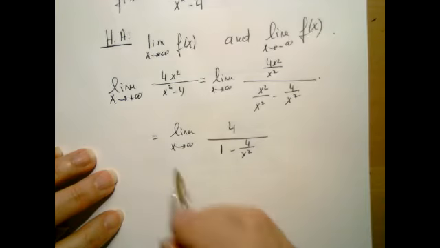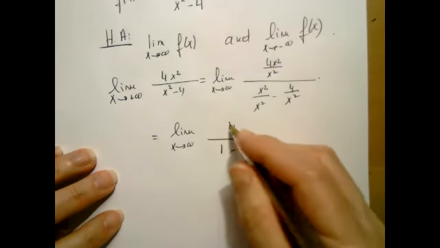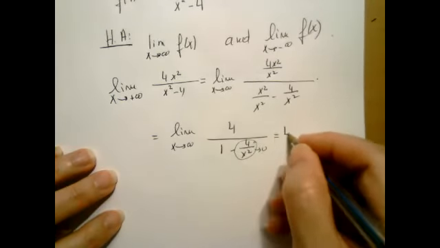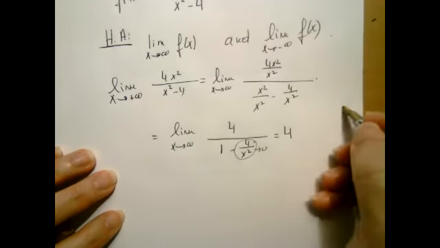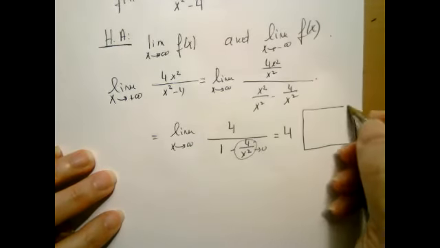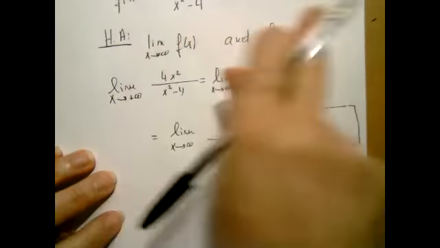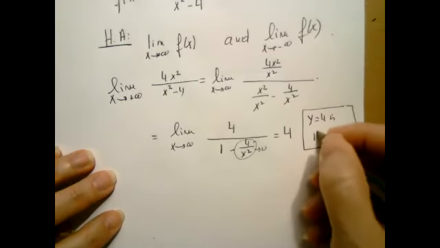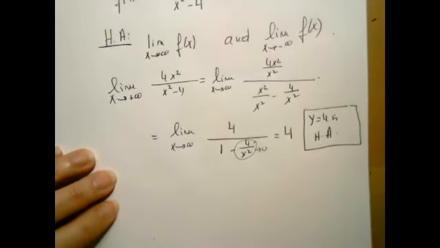So when x goes to plus infinity, 4 is 4, this will go to 0, so the whole thing gives me 4. So immediately, I know that y equal to 4 is a horizontal asymptote.